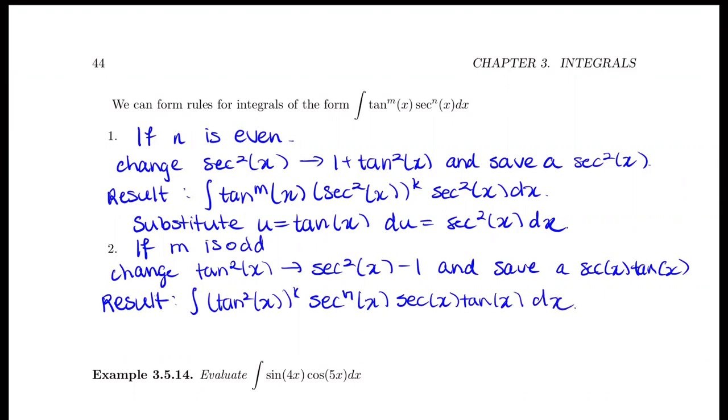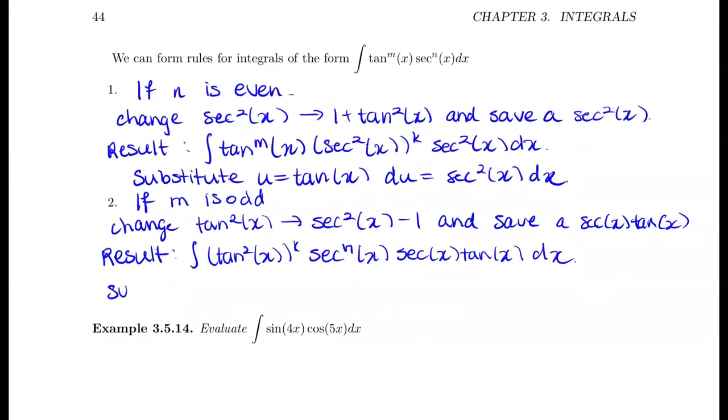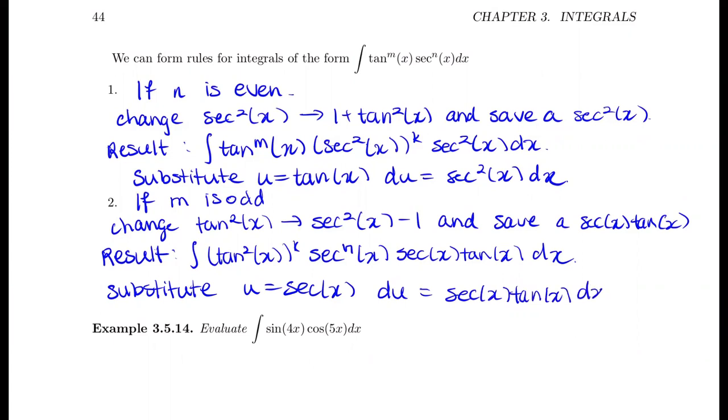So now we're going to substitute here. We're going to say let u be secant of x. So that means du is going to be secant x tan of x dx. So those are the two rules that we had looked at earlier.